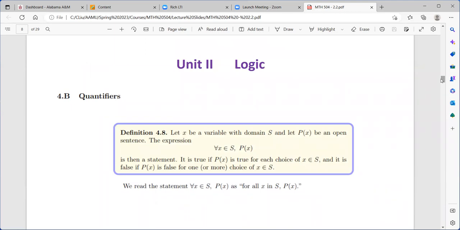We use quantifiers very often in mathematics, and you have already seen them before, so the first quantifier is this.